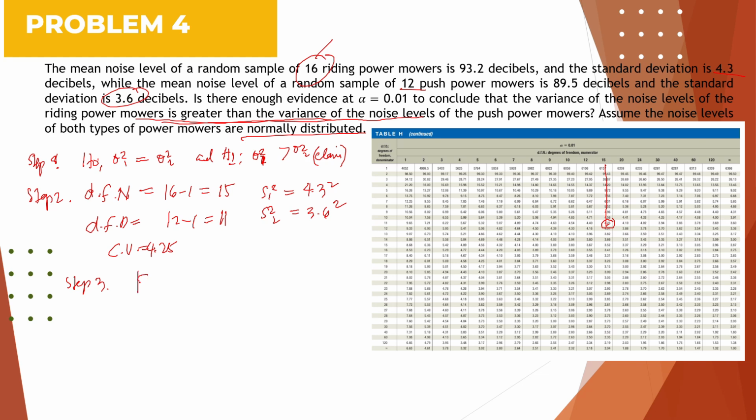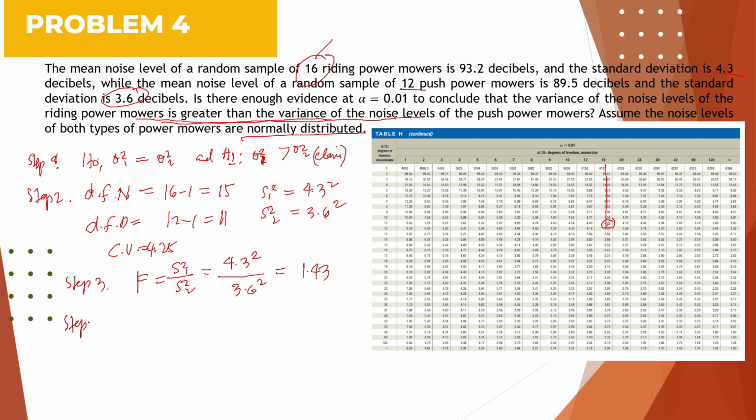The test value for the F test is the larger variance over the smaller variance. So 4.3 squared over 3.6 squared, since the given values are standard deviations, we have to square. If we plug that into the calculator, that is 1.43.